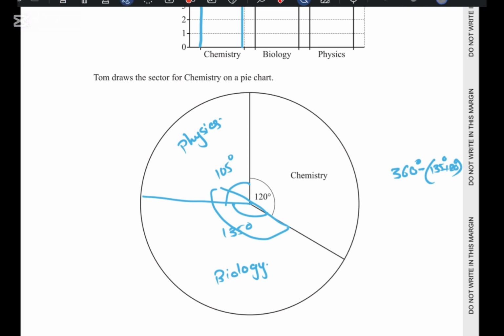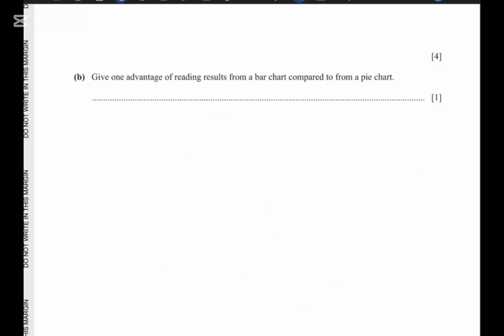Okay. Sorry students, it was question number 12, it's not 11. And there is one more question left in here, that is B. Give one advantage of reading results from a bar chart compared to from a pie chart. Now, when you read the bar chart, you will know the frequency of that information.